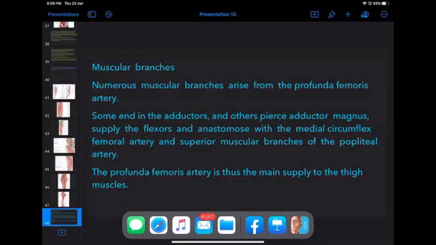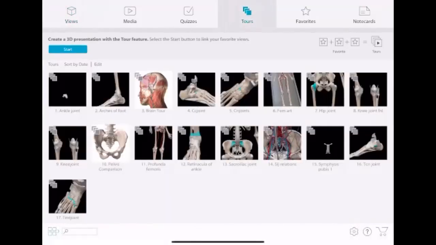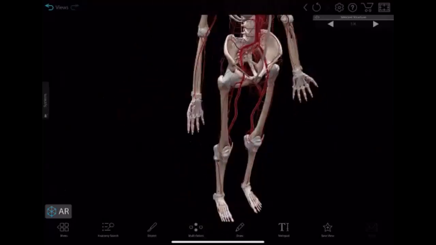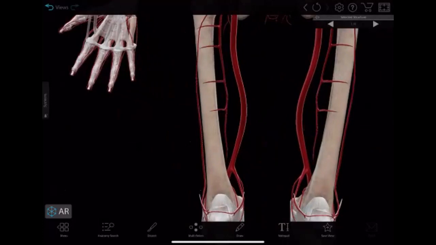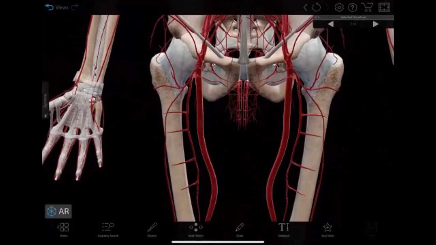We will see the 3D anatomy now. Towards this profunda, so you see, the selected one is the femoral artery, right?